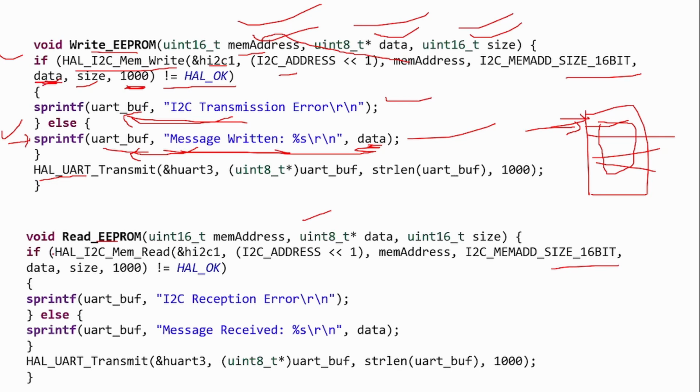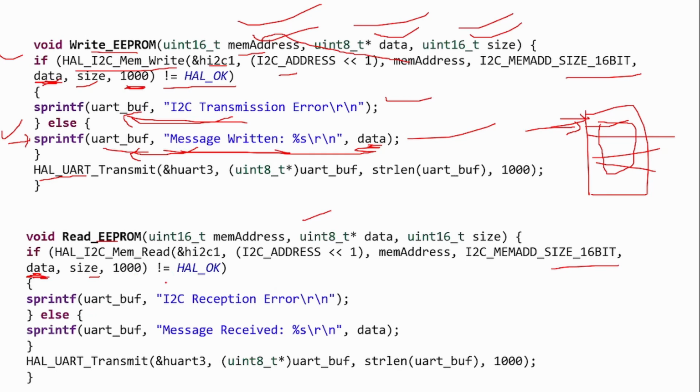Here we will pass a variable where we are going to read the data from the EEPROM. So this data will store the read data, the read message, you can say. Size will be specified, but this data will be loaded with the content of the EEPROM. It's a reverse thing.